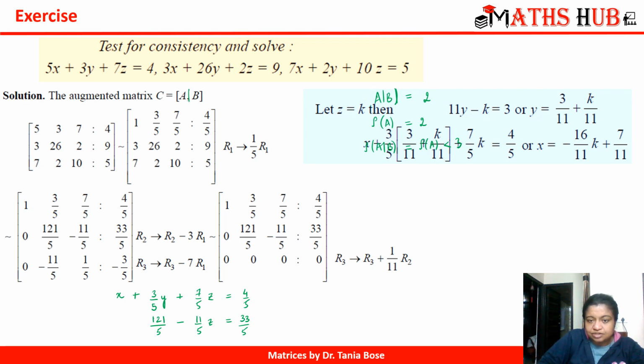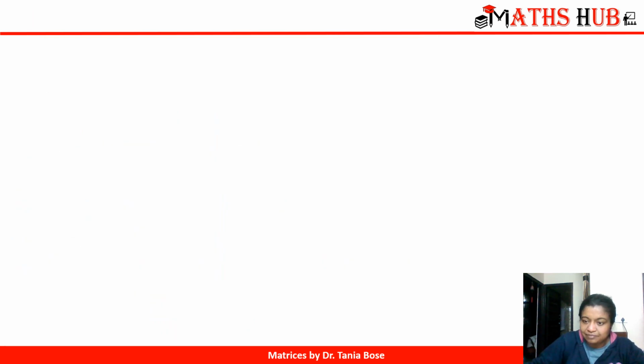When you substitute z equal to k in this, you will get y as 3 by 11 plus k by 11. Then finally substitute y and z in terms of k in the first equation, and you'll get x as minus 16 by 11 k plus 7 by 11. So you can see all your x, y, z is dependent on k. So this leads to infinitely many solutions, right?